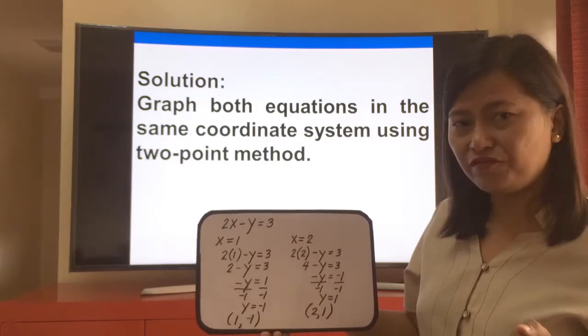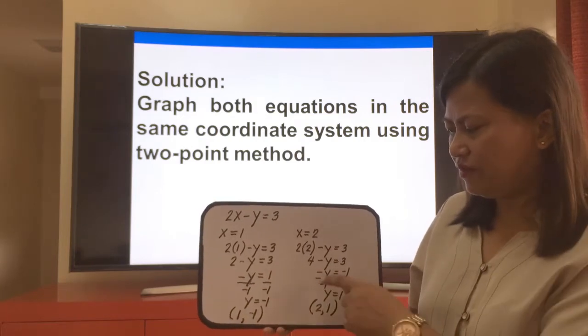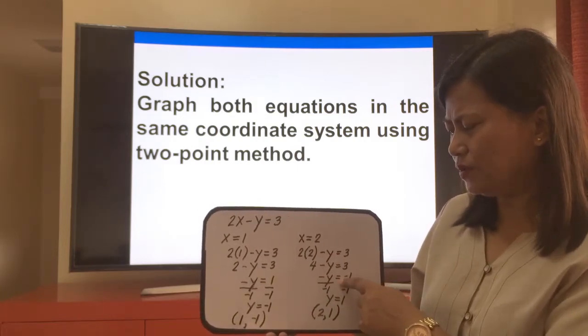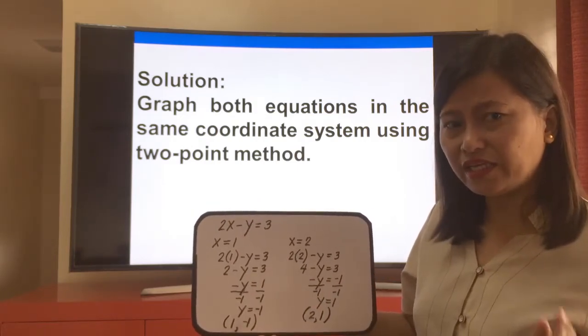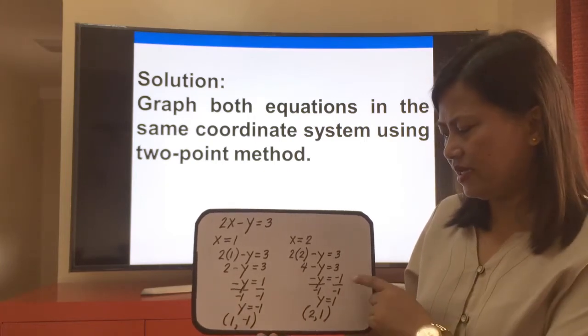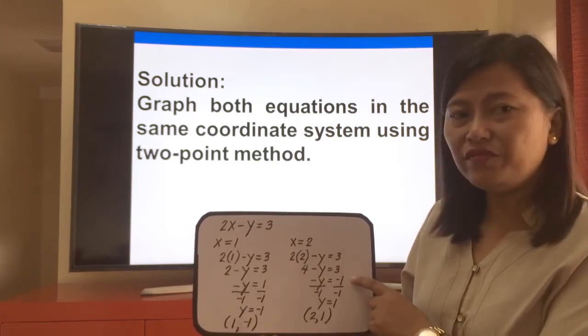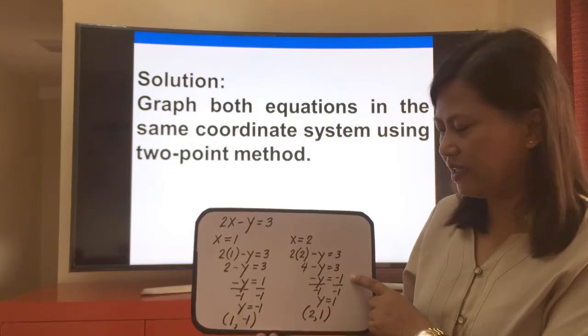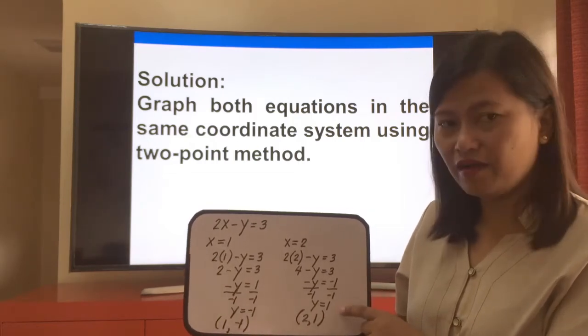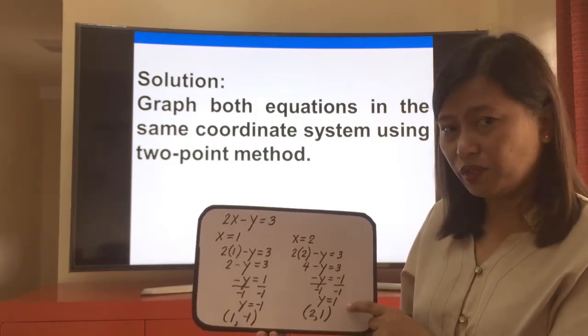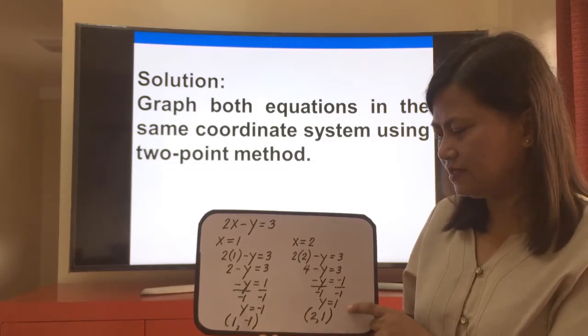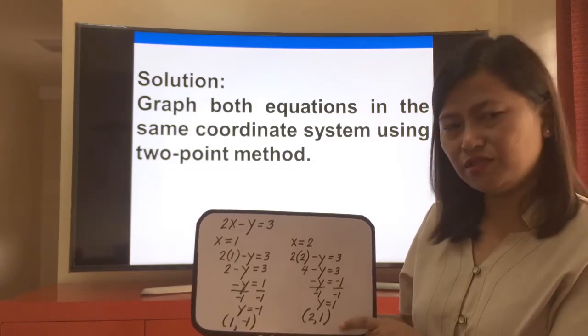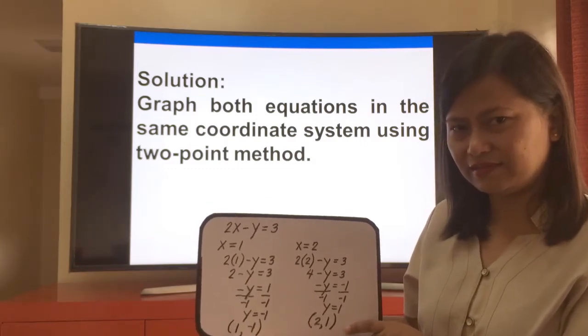Correct, it's negative 4. So we have negative y is equal to 3 plus negative 4 is negative 1. Dividing both sides of the equation by negative 1, we have y is equal to 1. So we now have the point 2, 1.